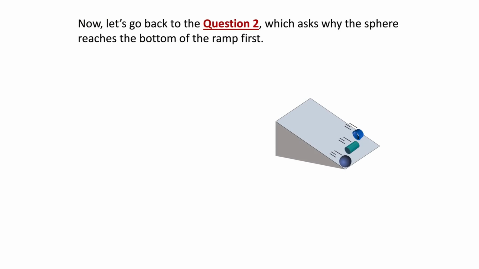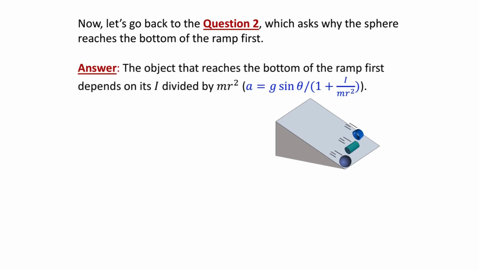Now, let's reconsider question 2, which asks why the sphere reaches the bottom of the ramp first. So the answer is, the object that reaches the bottom of the ramp first depends on its moment of inertia divided by mr squared. To find acceleration for each of these objects, as we can see, we need to use this general formula.